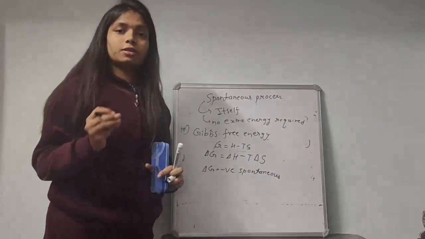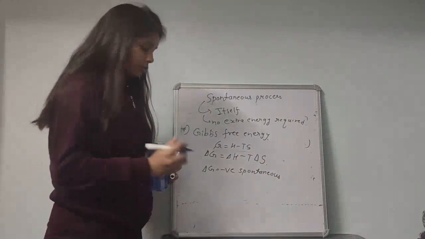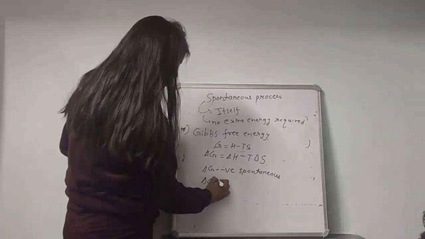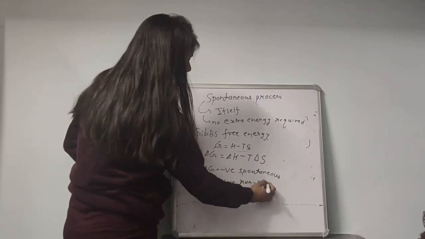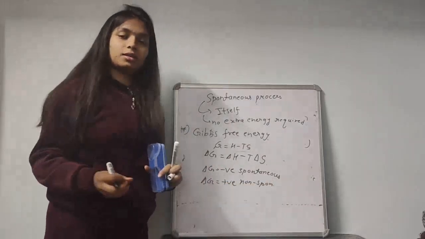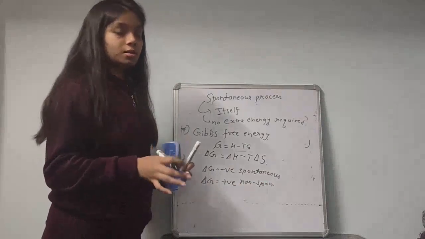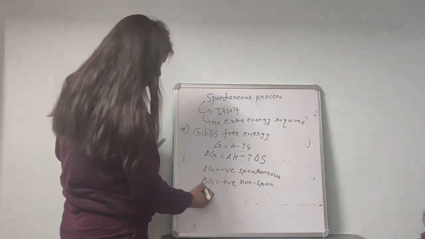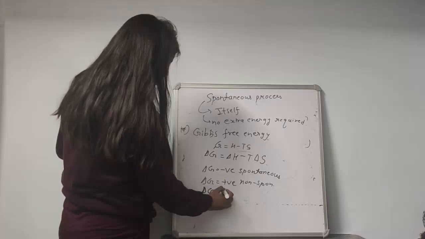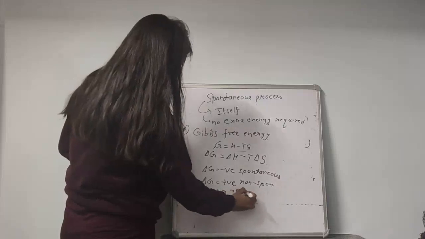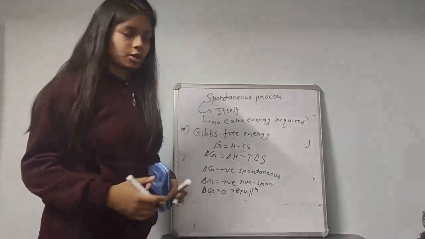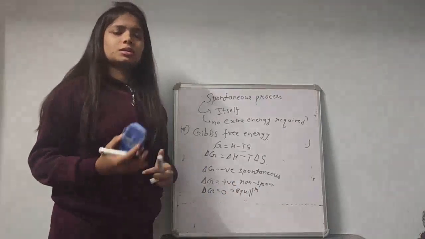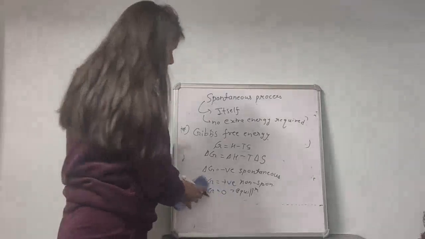But when delta G is positive, it is considered a non-spontaneous reaction. And when delta G is 0, it is considered an equilibrium reaction. There are certain cases which we have to study, so we will study them.